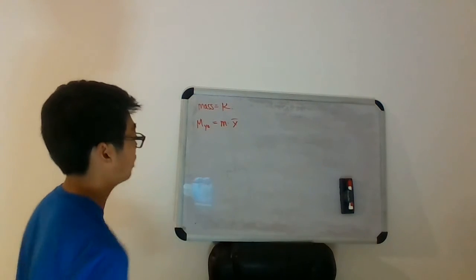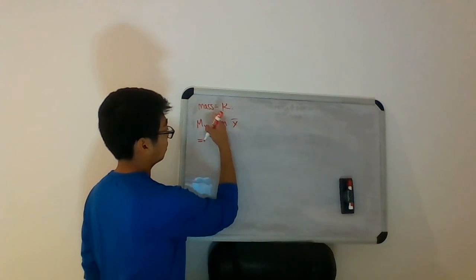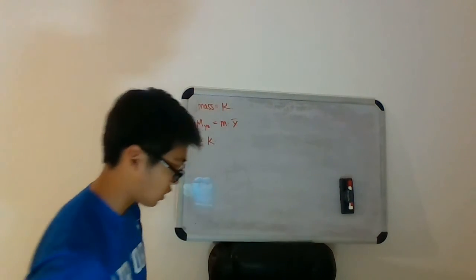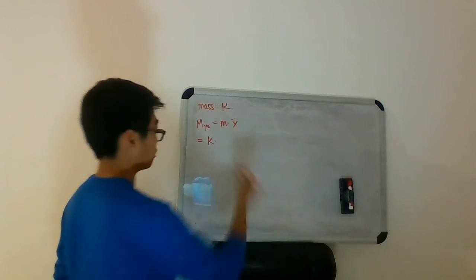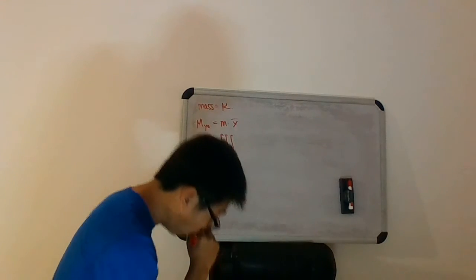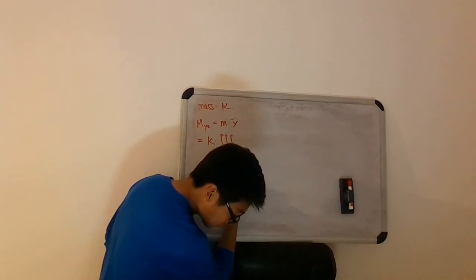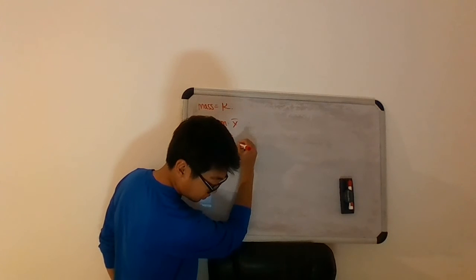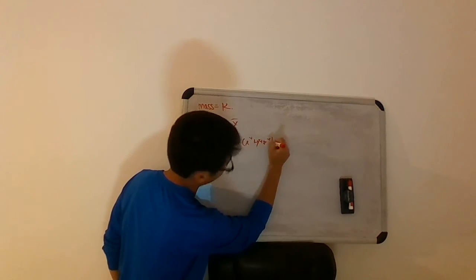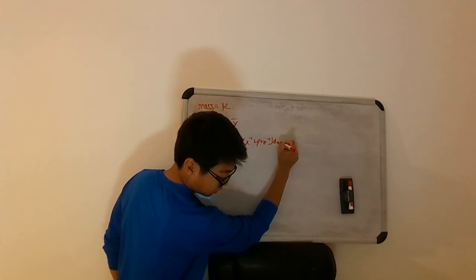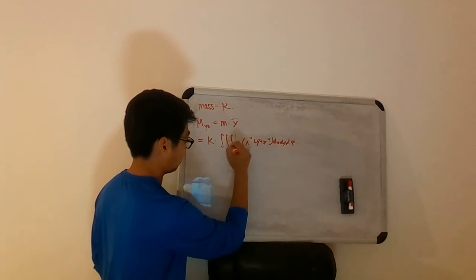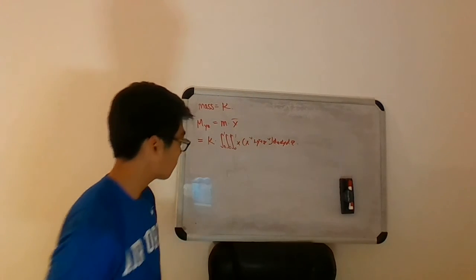And so this can be rewritten as mass, which is k, we found that earlier, times x bar, which is given by the triple integral of x times x squared plus y squared plus z squared dz dy dx, and that's all from 0 to 1, 0 to 1, and 0 to 1.